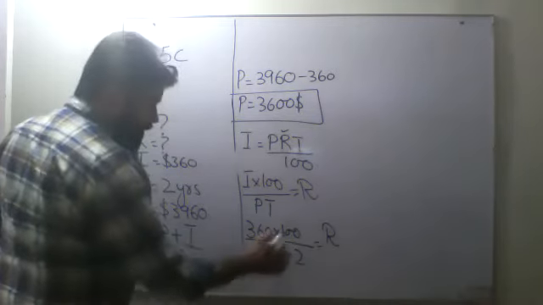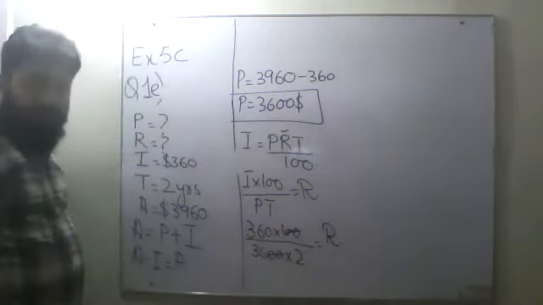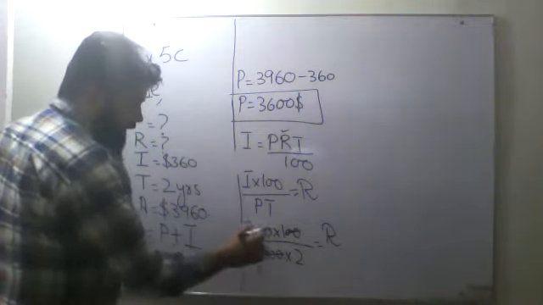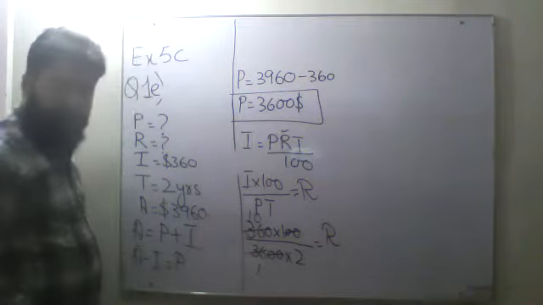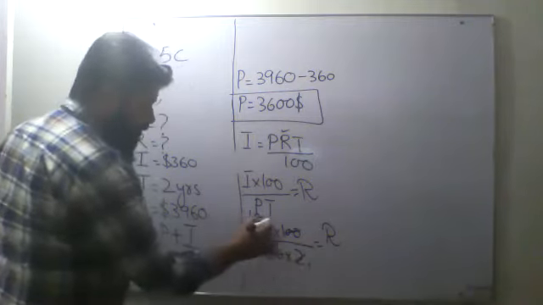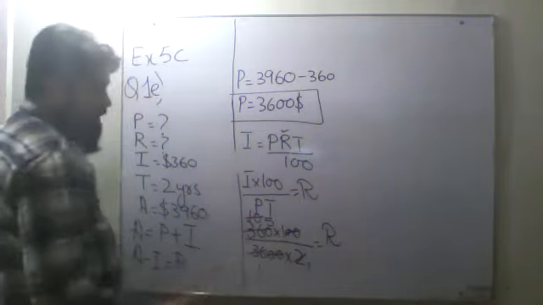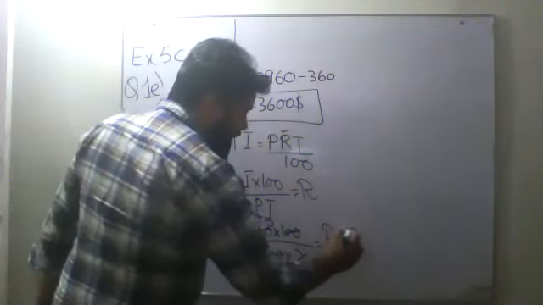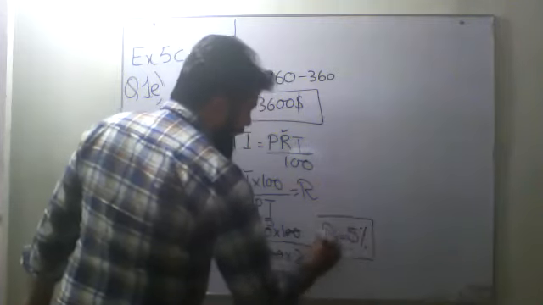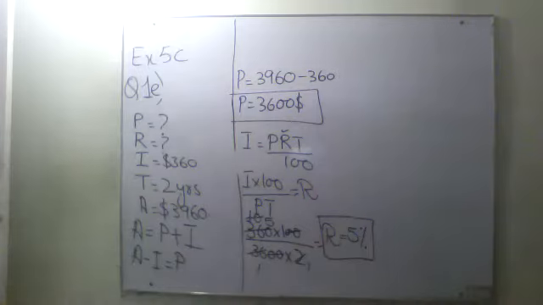Both two zeros will be cancelled by these two zeros. 36 ones are 36, tens are... Okay, and then 2 ones are 2, and 2 fives are 10. So the rate is coming 5%. That's your final answer for rate. Okay.